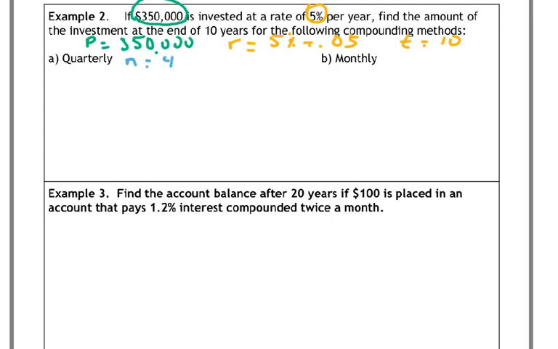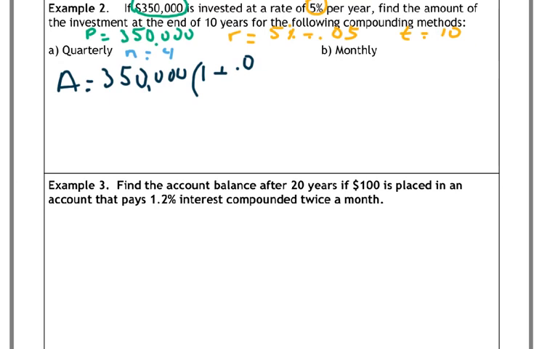So I have to write the model. $350,000 in parentheses. We're going to have 1 plus interest, which is 0.05. Okay, so now I have plugged in everything in my growth model.